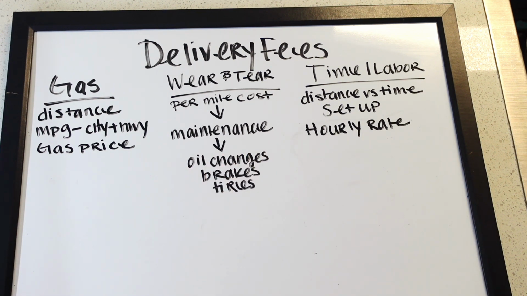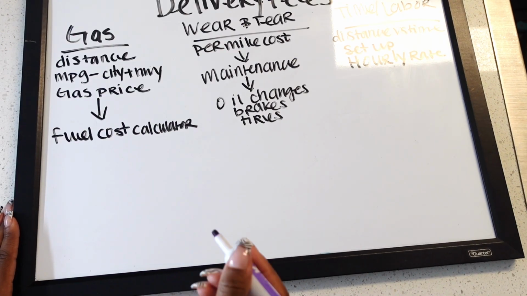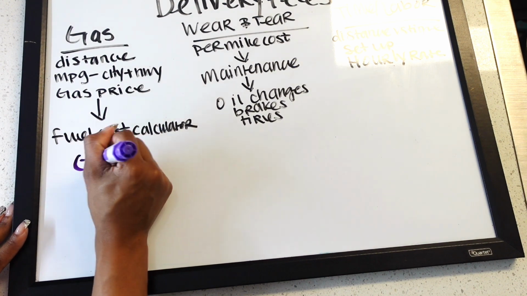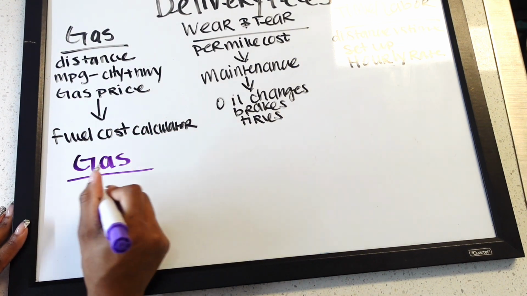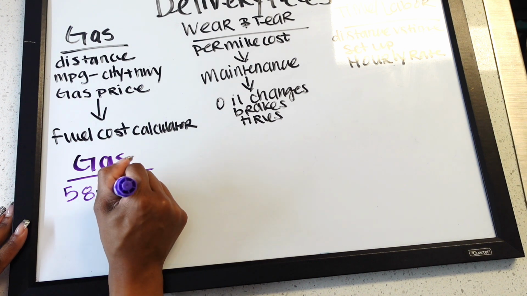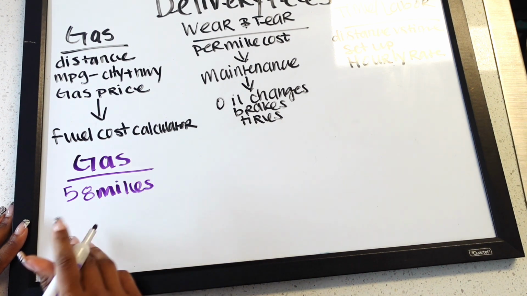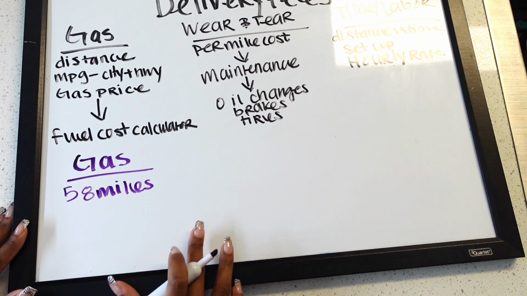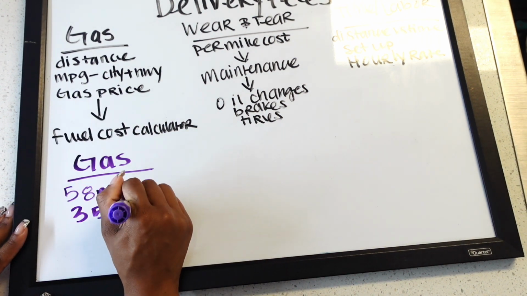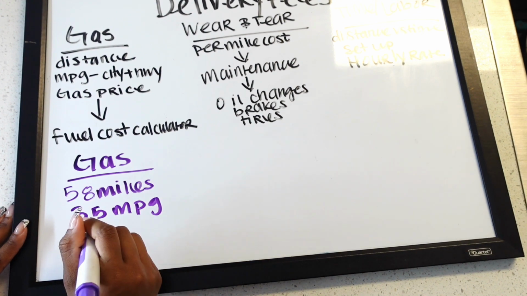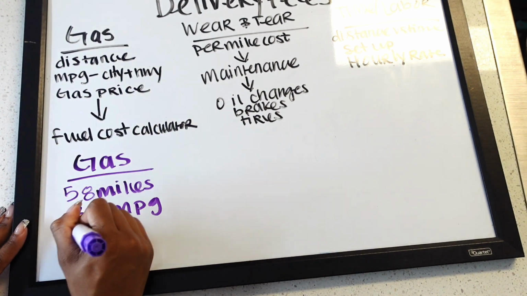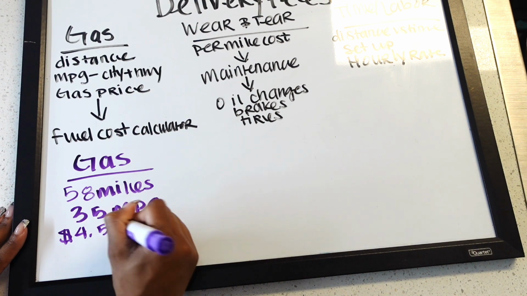All right, so now let's plug our numbers into a formula. So for gas, I know that my trip is going to be 58 miles round trip. That's the distance. My vehicle gets 35 miles per gallon, and the price of gas in my area is $4.50.